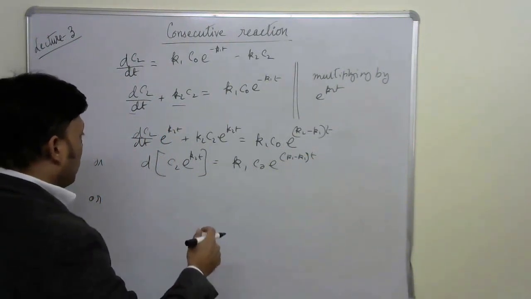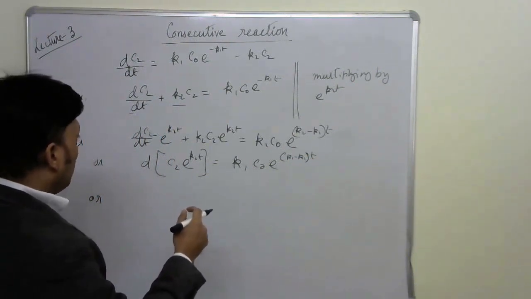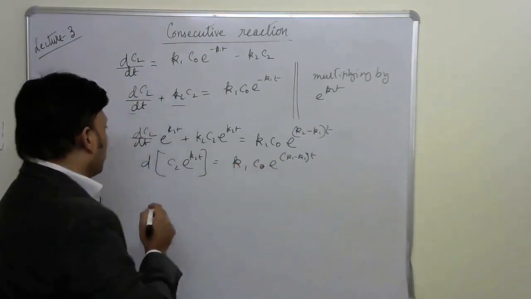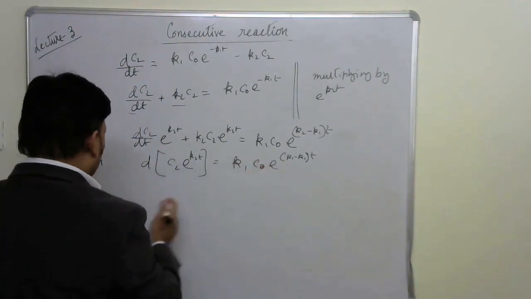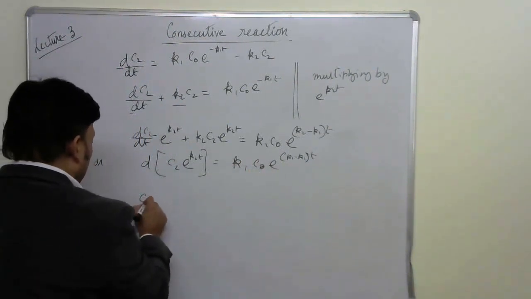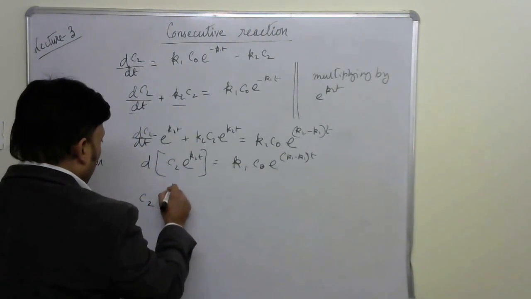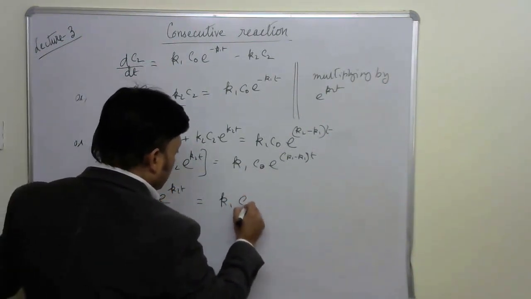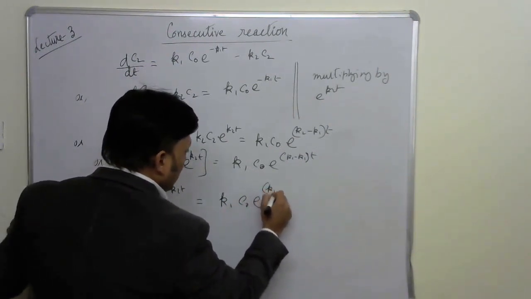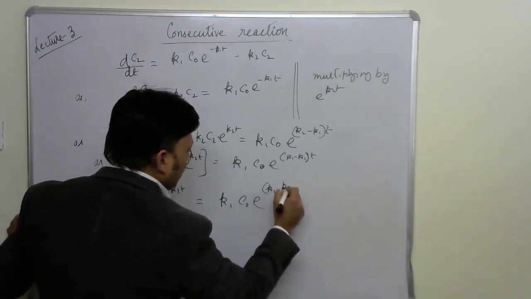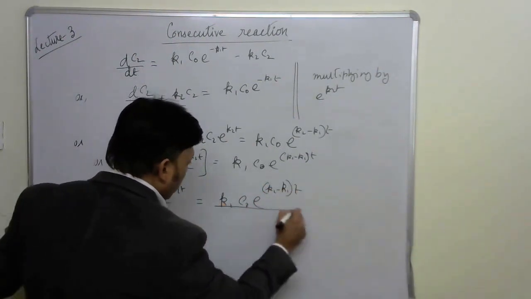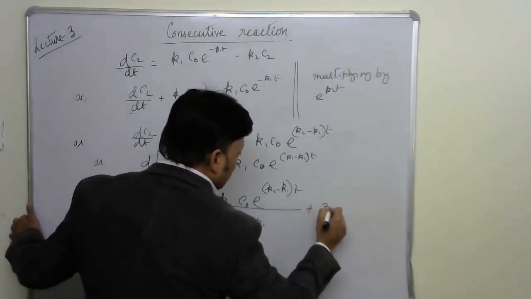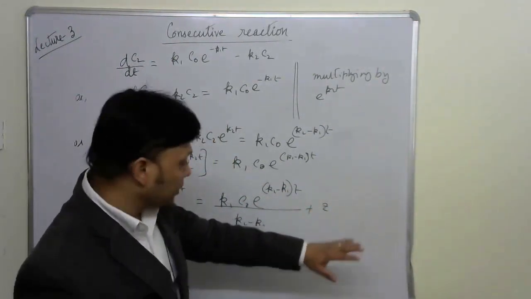If we integrate this entire thing, we get C2 e to the power K2t is equal to K1 C naught e to the power K2 minus K1 t, whole divided by K2 minus K1, plus z. Z is the constant of integration.